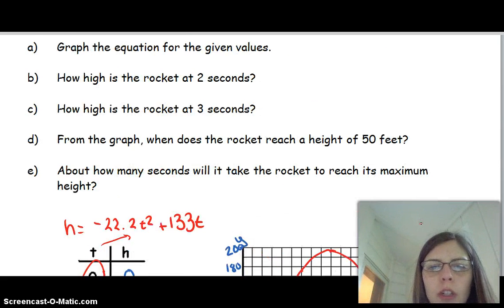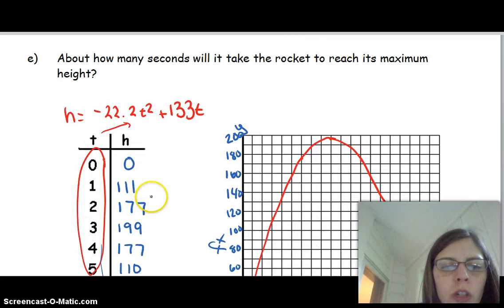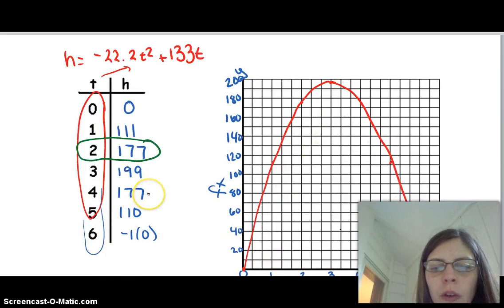I can answer the questions by using the graph. So I did that. And now, how high is the rocket at 2 seconds? So I can look at my table, and it shows here at 2 seconds, it's 177 feet. And if I want to check that, I can come up here and say, yep, that's at about 177 feet.